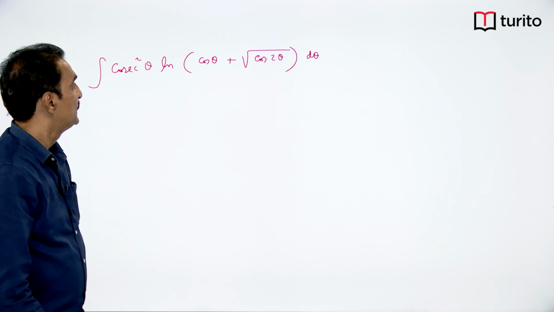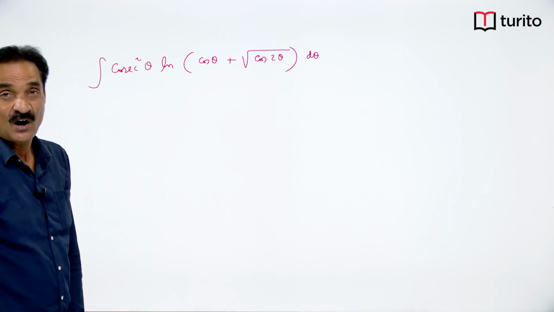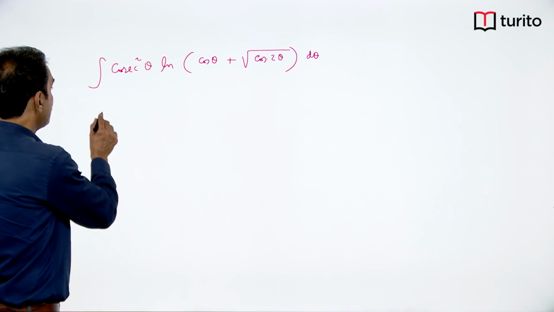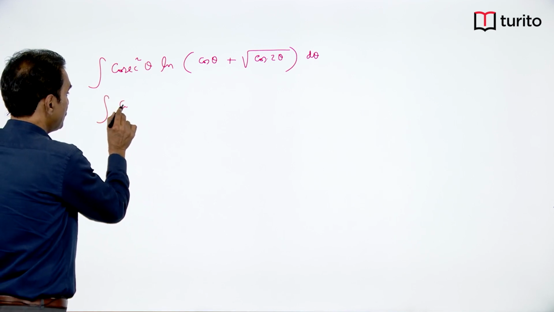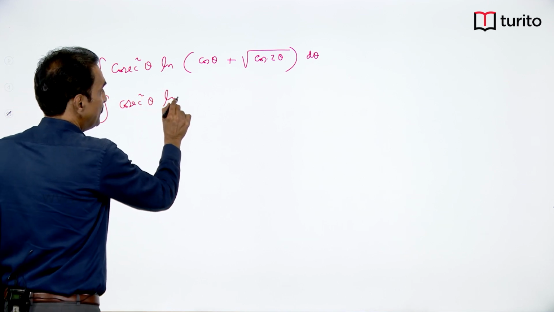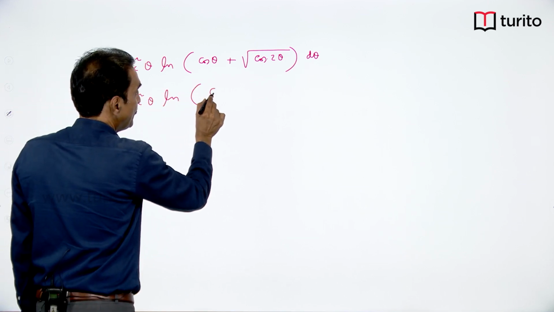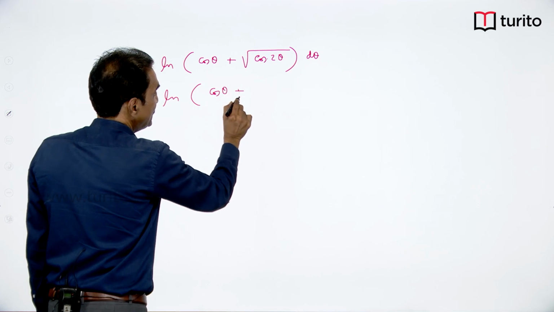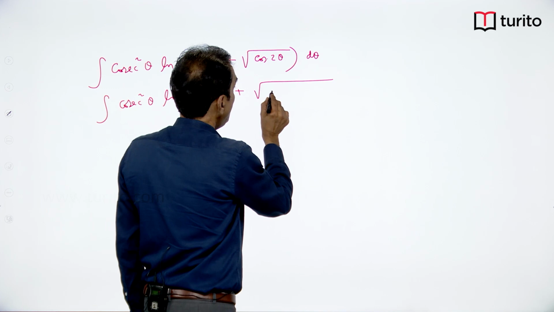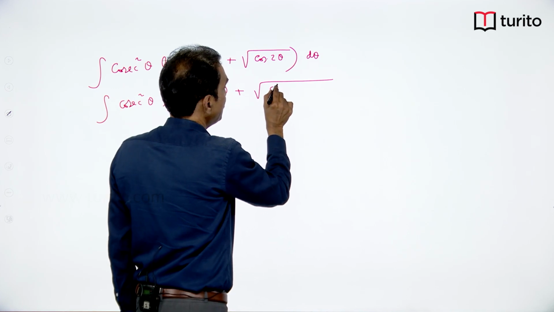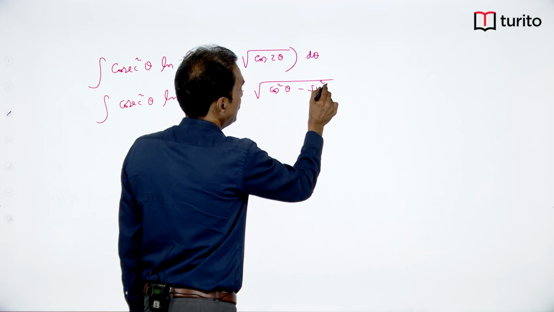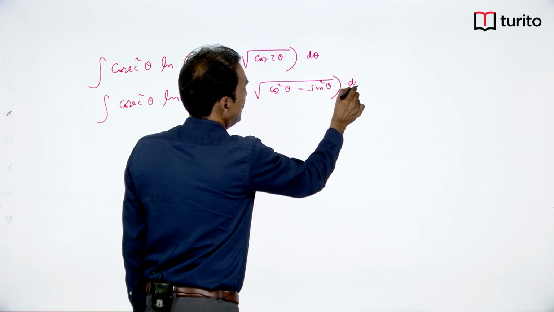First I will write cos 2 theta as cos square theta minus sin square theta. Ln of cos theta plus root of cos square theta minus sin square theta d theta.